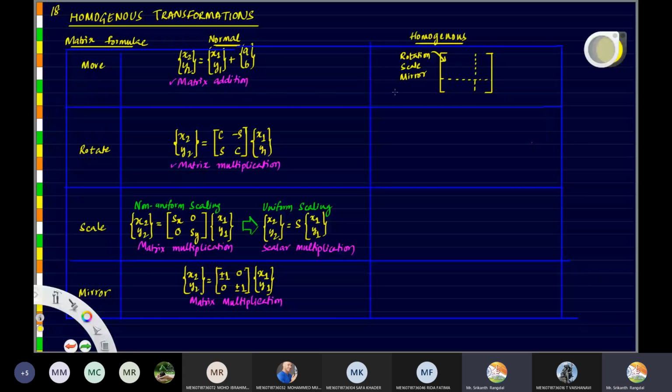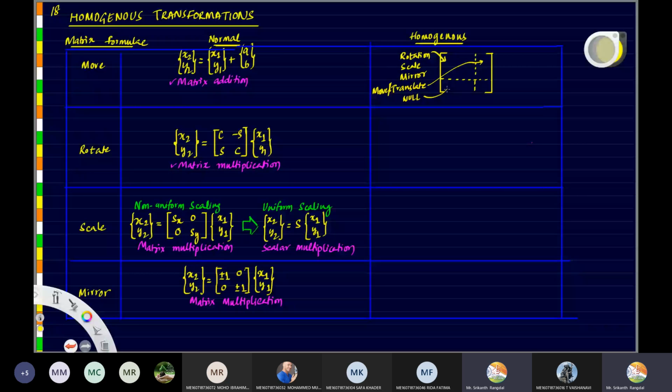This side itself. Okay, translate. Translate means move. So move or translate, we will get here, this side. At the bottom here, this is always called null. And null means this will always be 0.